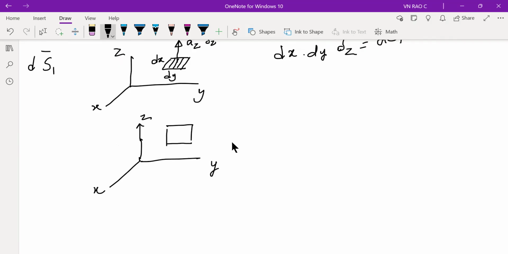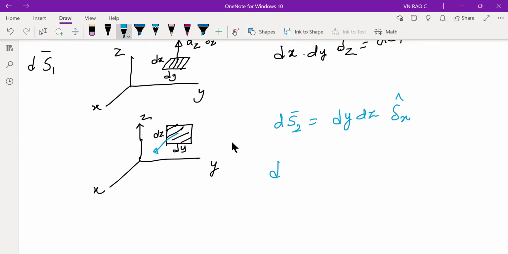This is Z, and this is Y. What is the direction that we are not considering with this particular area? That is X. So we have to find that direction. So ds2 becomes dy into dz into delta x.